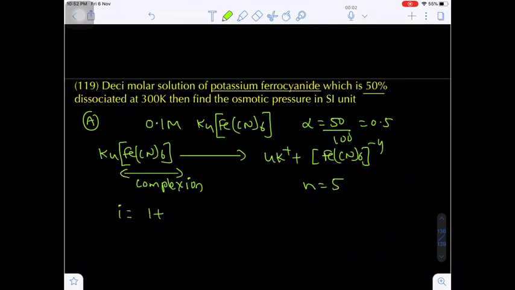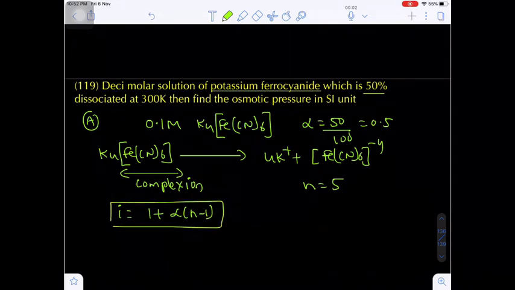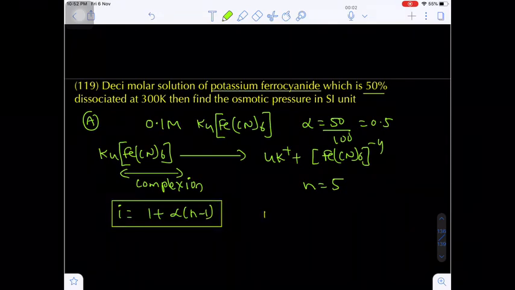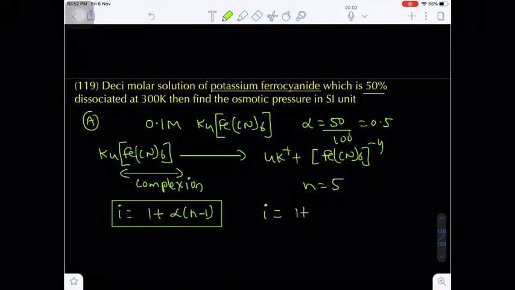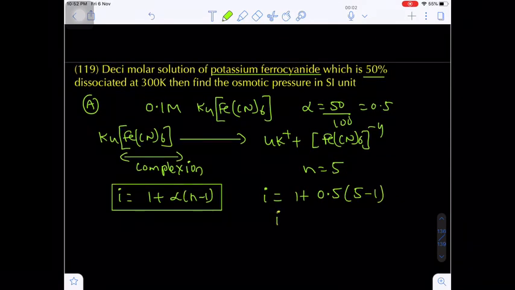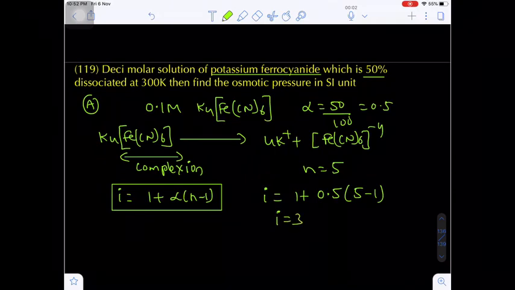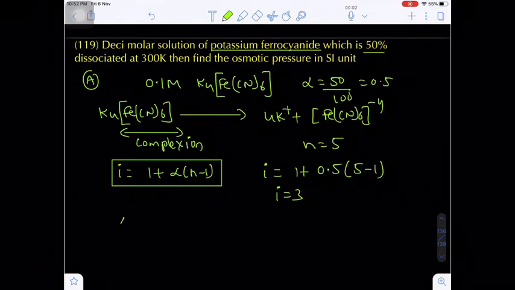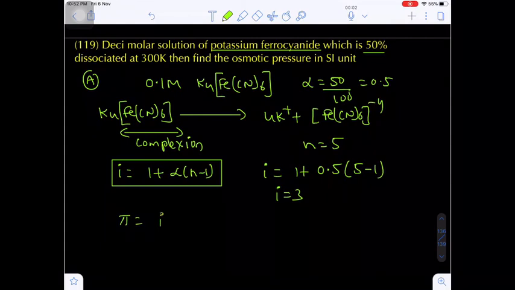So i equals 1 plus alpha into (n minus 1). This is the Van't Hoff factor. Now here i equals 1 plus 0.5 into (5 minus 1). 5 minus 1 is 4, 4 times 0.5 is 2, so 2 plus 1, 3. So i value here is 3. Yes or no?